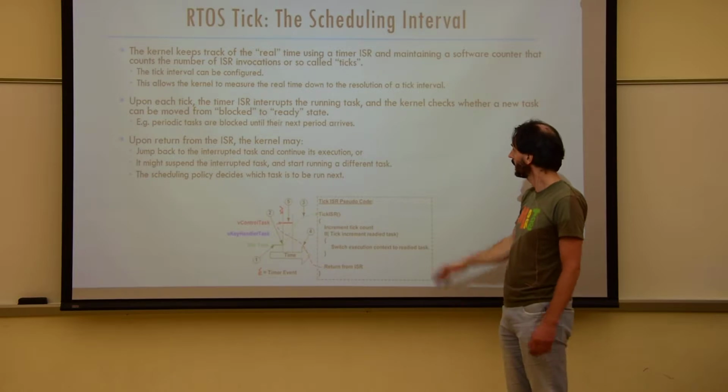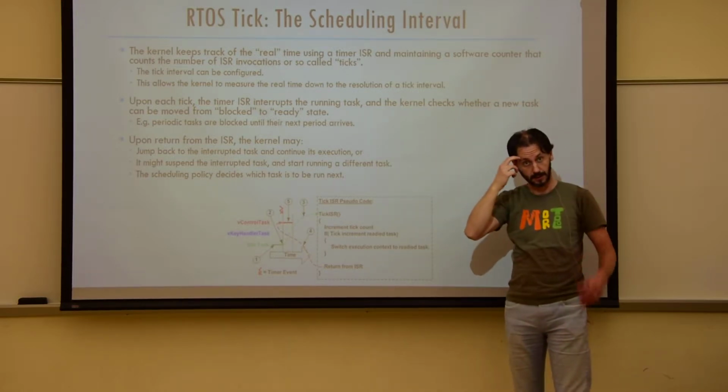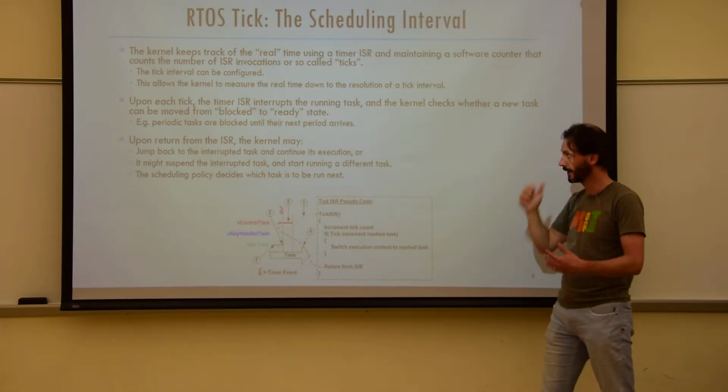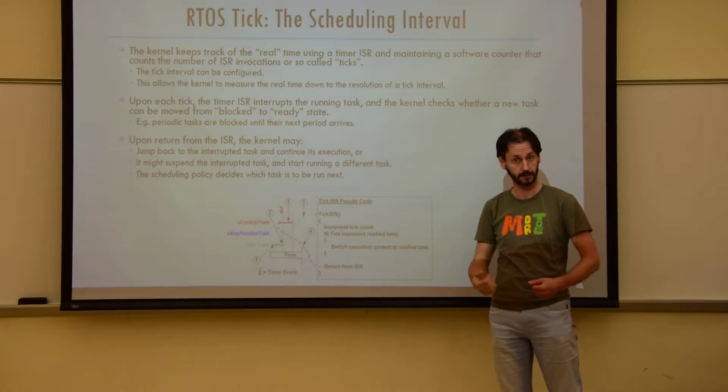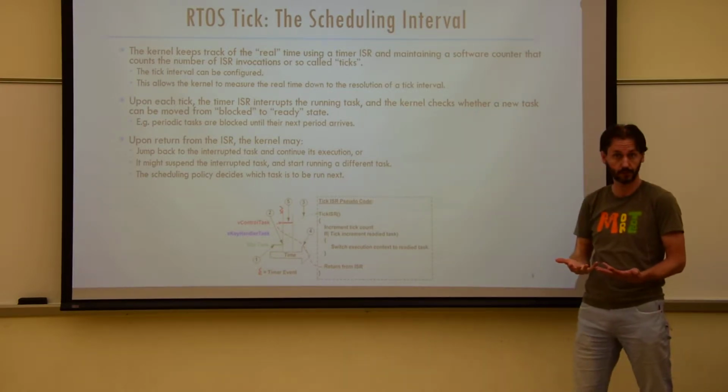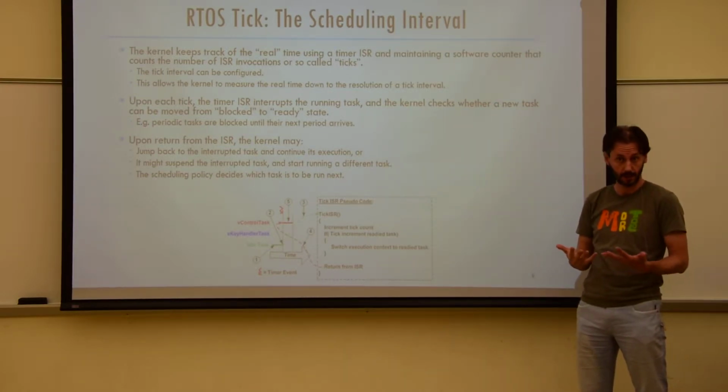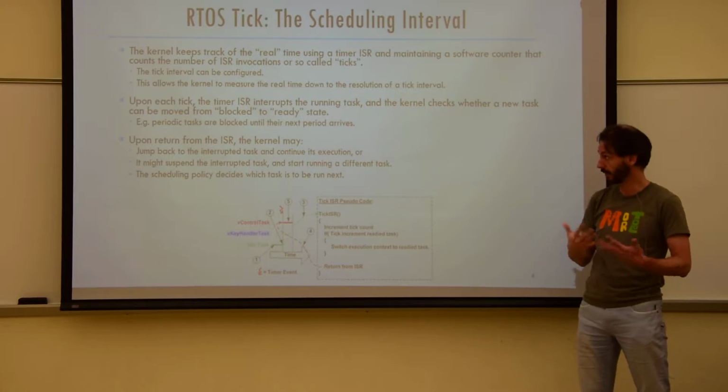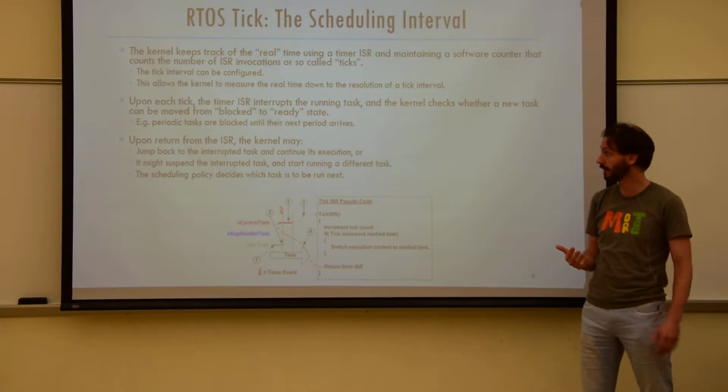So clearly, we saw this diagram earlier where we said, well, you can be ready as a task. You may be blocked because the resources that you need at that particular moment are not available. They're used by another task.